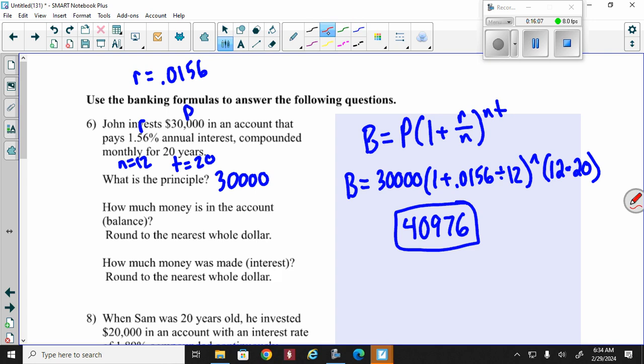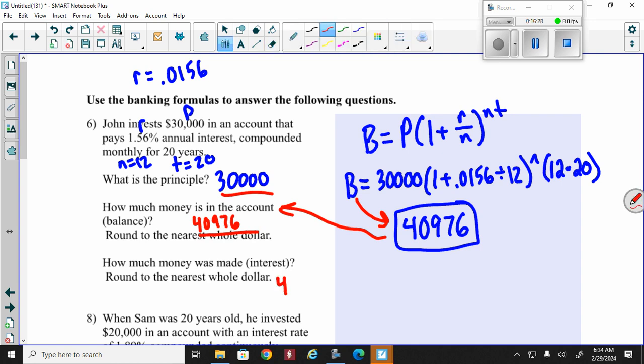Well, because the formula starts with a B, I know that this is the balance. So the balance is 40,976. So how much money was made? Well, if I started with 30,000, I now have 40,000, a simple subtraction problem.